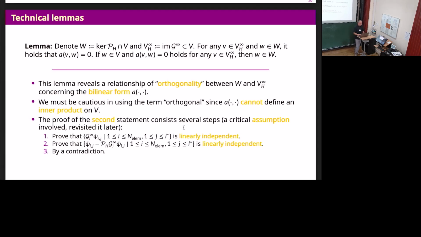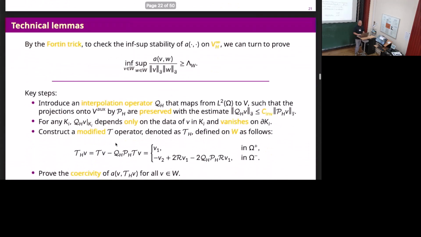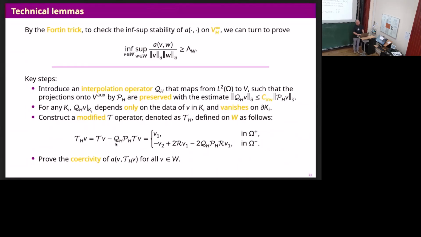Okay, and to prove this, we also have some other steps here. And then in the second part of this theory, we also show that this V infinity space satisfies this inf-sup condition. And again, this makes sure that if you use this space to solve the original PDE, it is a well-posed problem. And it also involves a few steps.